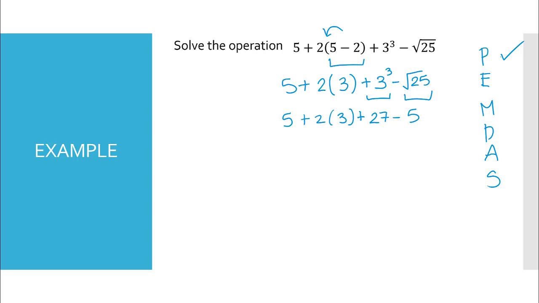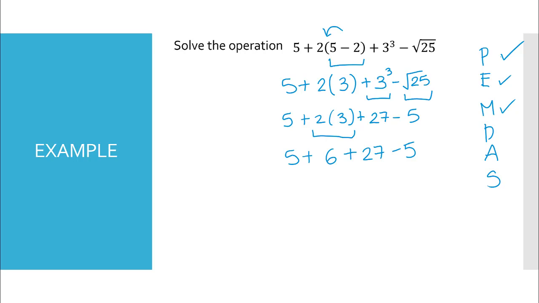I have additions, subtractions, and multiplications. We already did exponents. So multiplication comes next. So now we solve 2 times 3. That gives us 6. Now we only have additions and subtractions. So we said that if we have additions and subtractions, we solve whatever comes first from left to right.